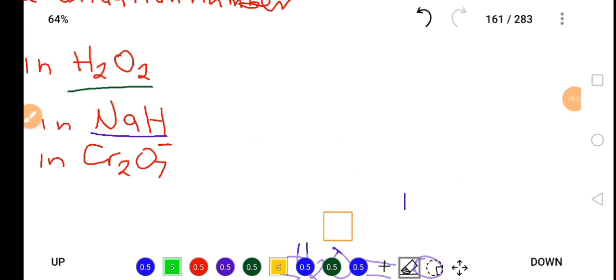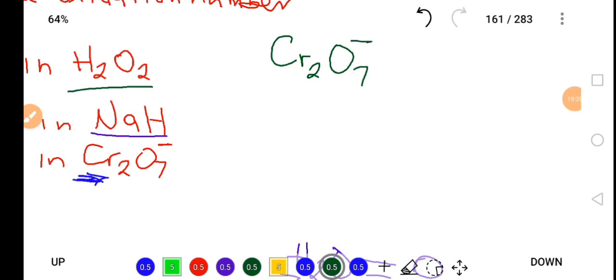This is very simple. Chromium in dichromate 7. Now, this compound is like this. It is having a charge. So we are not going to equate this compound to 0 because it is having a charge. So the total charge for this compound is -1 because it is having the charge of -1.